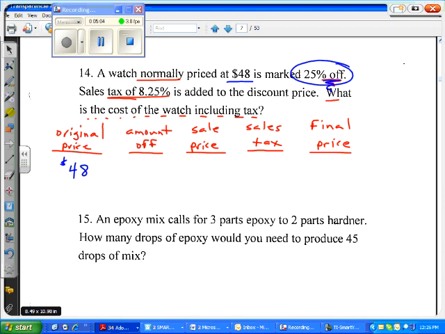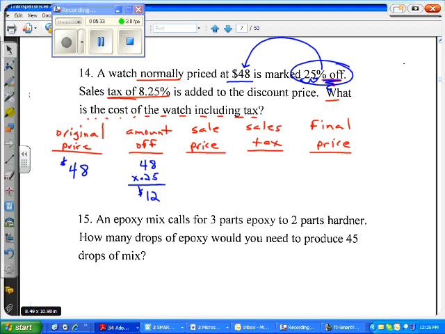To find a part, you take the percentage times the whole. We change that percentage to a decimal by moving the decimal 2 places to the left. So to calculate amount off, we take original, multiply it by our percentage, percent times original. 0.25 is a fourth, and a fourth of 48 is 12, and so it's $12 off.